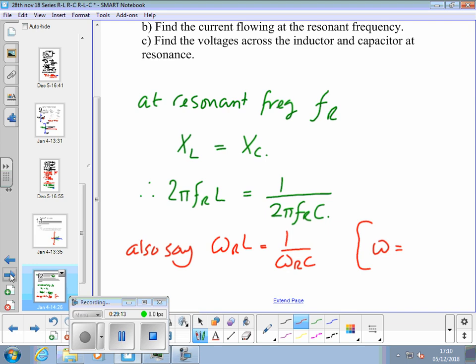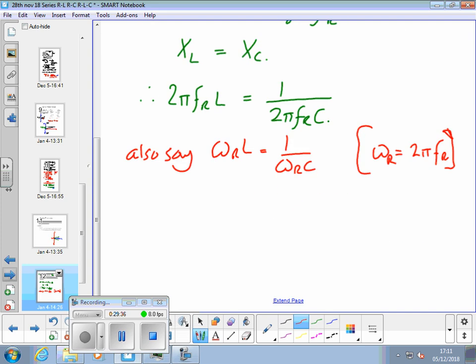Just makes the maths rearrangement a bit simpler, where omega is equal to 2 pi FR. It just simplifies the rearrangement, getting omega R on its own. How can I get this omega R alongside that one?